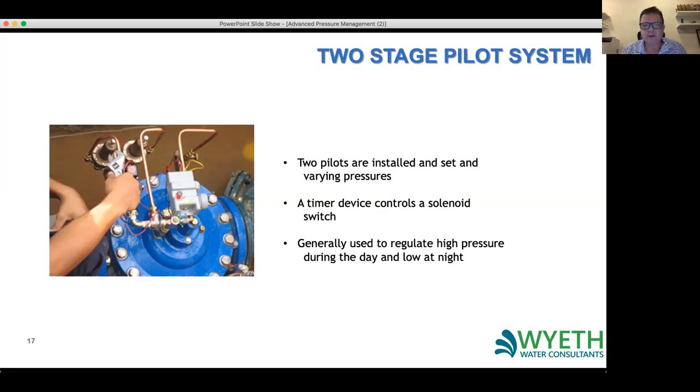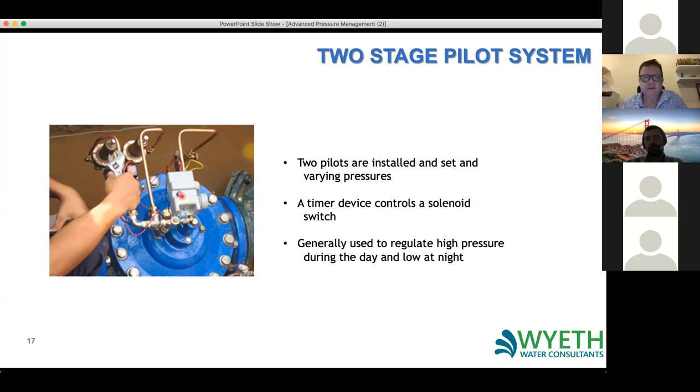And we use a very simple timer device, like a garden sprinkler control device that runs off very simple batteries.